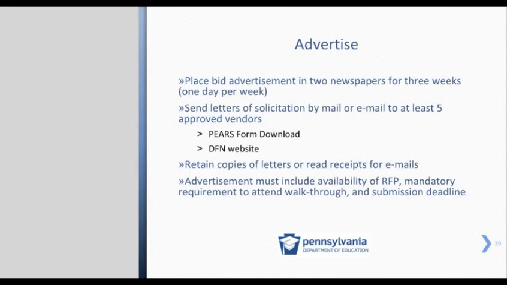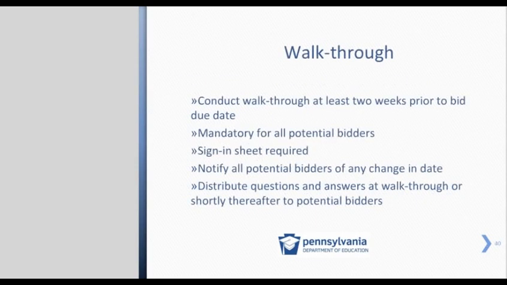You must also send letters of solicitation to at least 5 vendors from the list of approved vendors, which is available on PAIR's form download or the Division of Food and Nutrition website. Copies of these letters and proof of advertisement should be included with the proposed contract, which we'll discuss in a few slides.